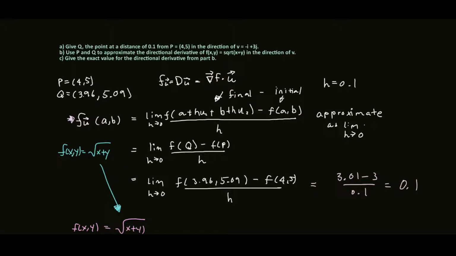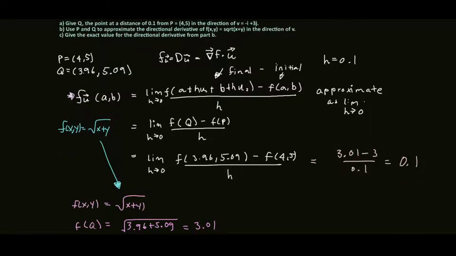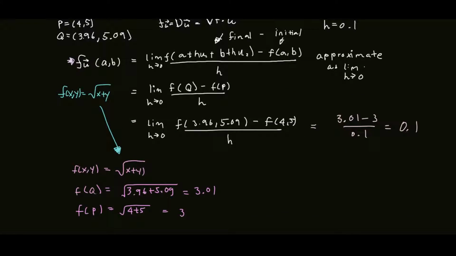So I just did a little side calculation in pink down here, which will give us the function, and we have f of q, and then x plus y, and then square root of that, we get 3.01, and f of p, we get 3.